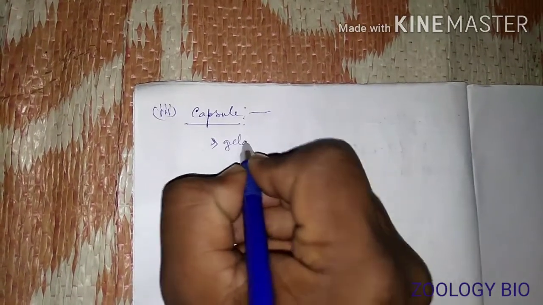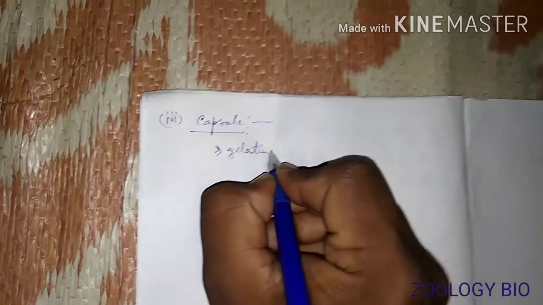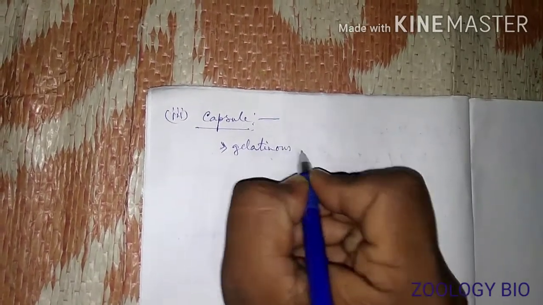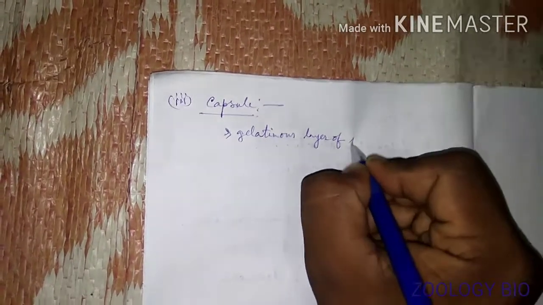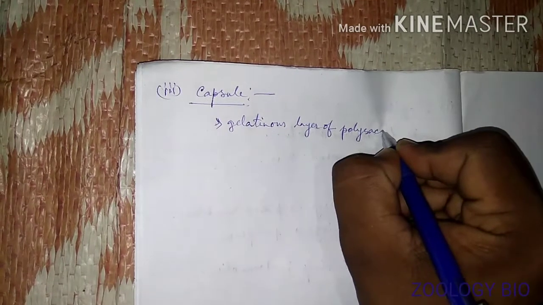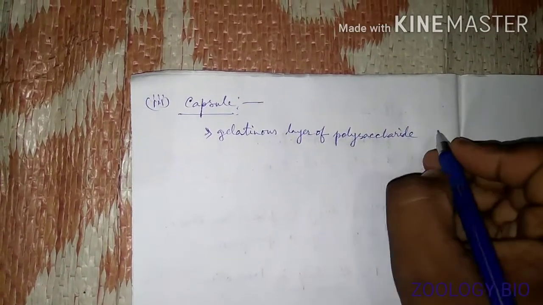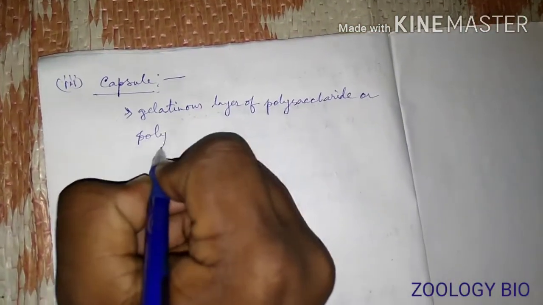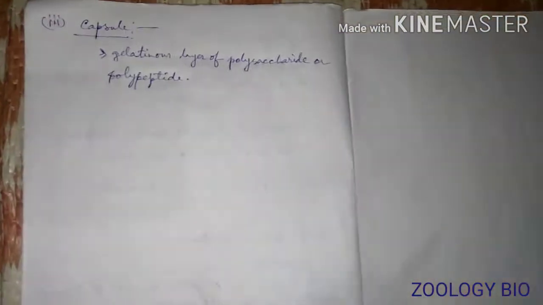So the capsule is a gelatinous layer of polysaccharide or polypeptide.